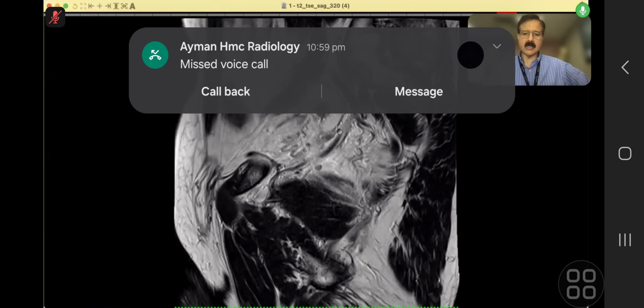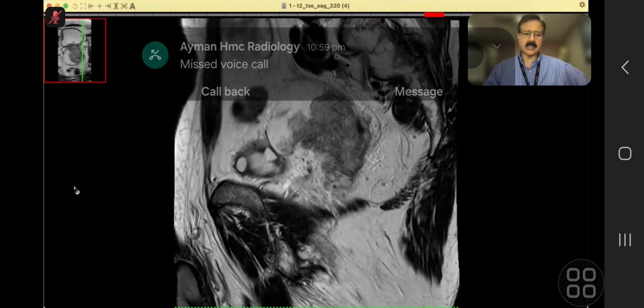Look at this. This is the distal ureter and how it is invaded by the mass.